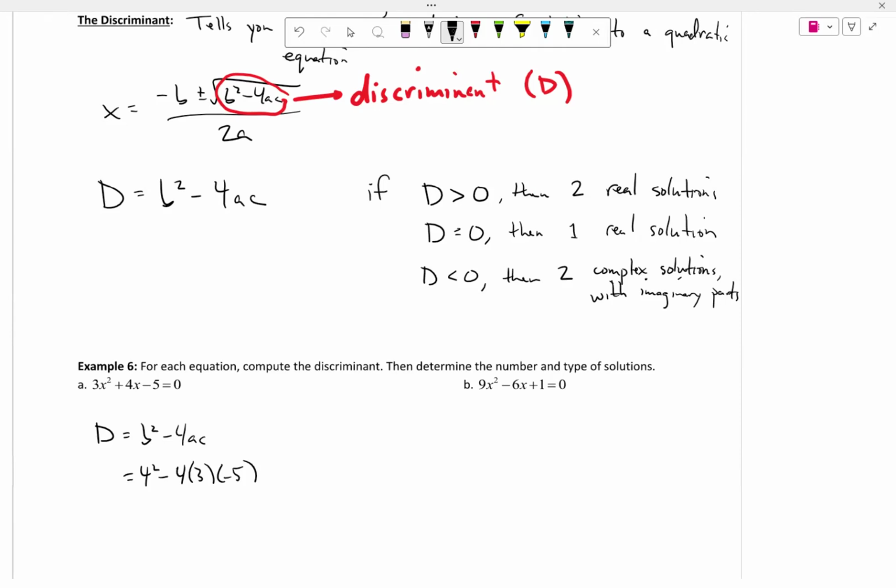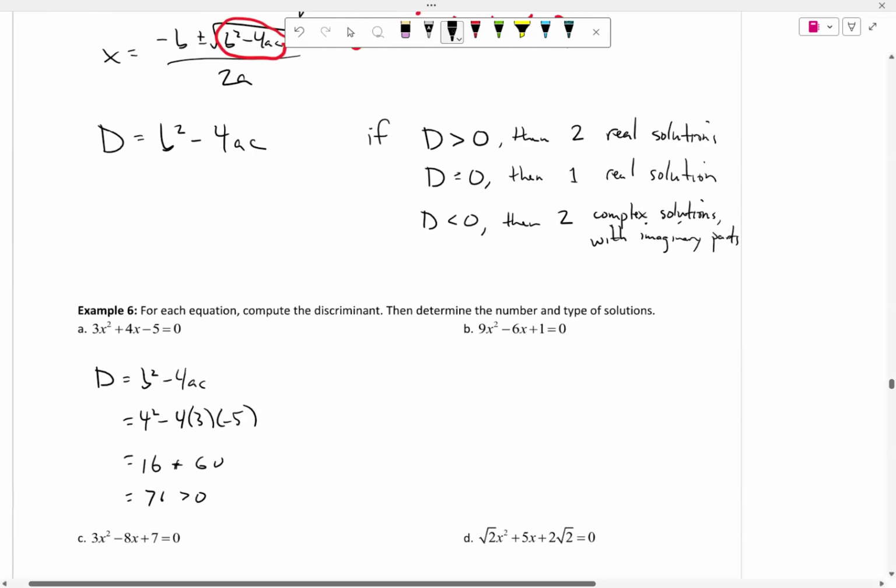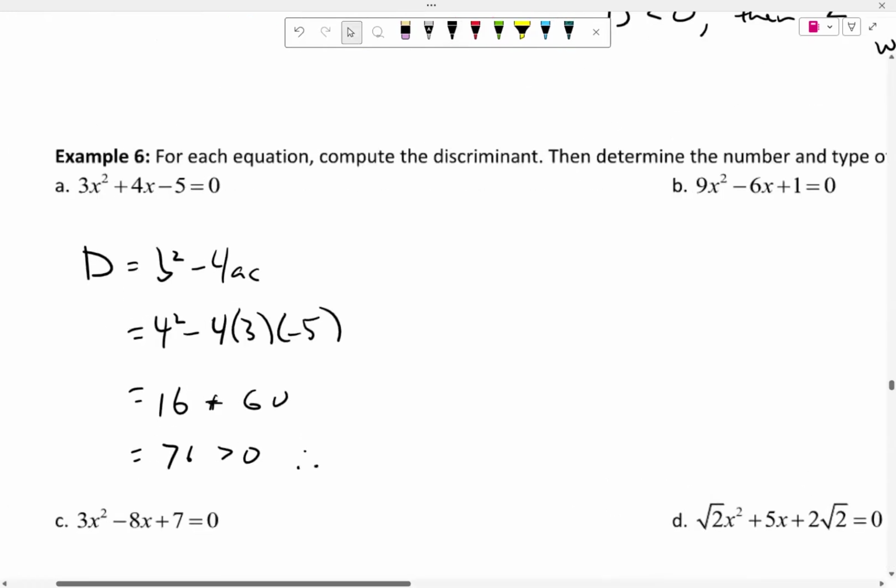Do you see that this is very definitely greater than 0? 16 plus 180, is that right? I did 20 times 3. Oh, that's 60, excuse me. 20 times 3 is 60. This is greater than 0. What do these 3 dots mean? Therefore, 2 real solutions. Any questions?